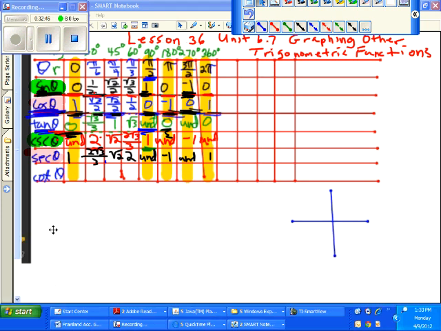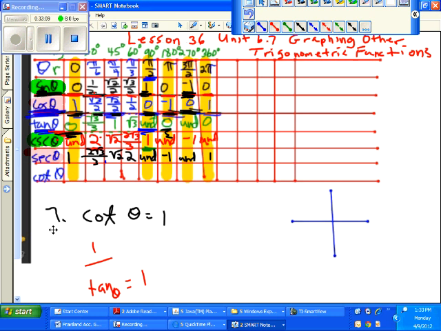All right. Number 7. Cotangent theta, I always make a cursive T because it looks like a plus sign if I don't, is equal to 1. Well, we don't know about cotangent, but we know about tangent. It's reciprocal. So we're really thinking, when is the reciprocal of tangent equal to 1, which really means, when is tangent theta equal to 1?